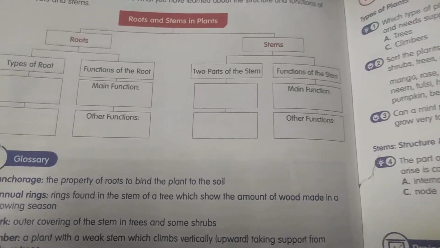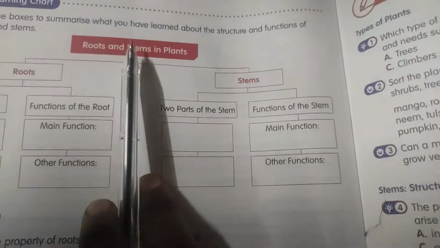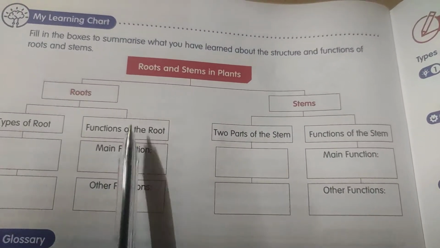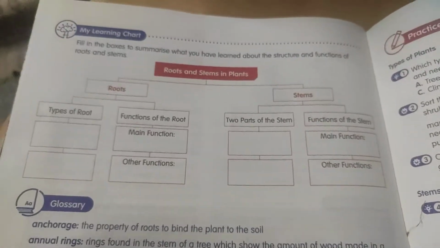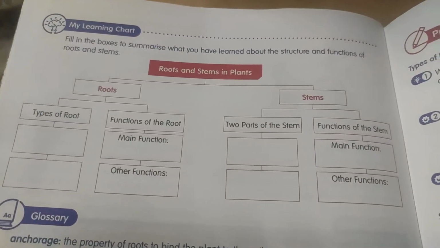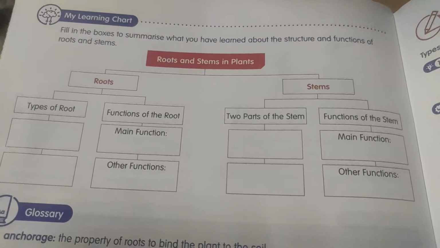Now you have a My Learning chart. Fill in the boxes to summarize what you have learnt about the structure and functions of roots and stem. Now you will see your book, go through the entire lesson and read, and if not, listen to the video again and find out the answer and fill it.